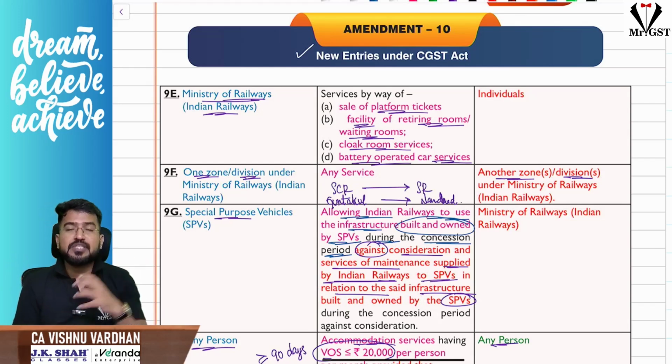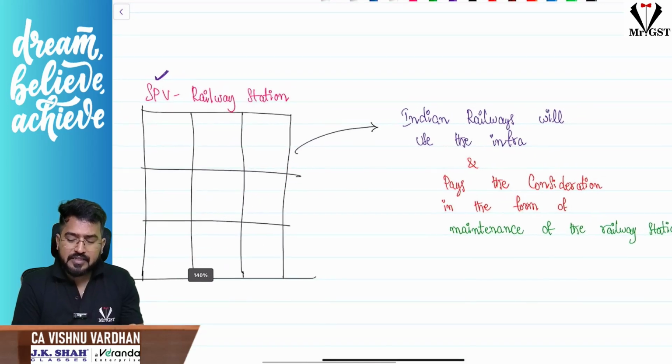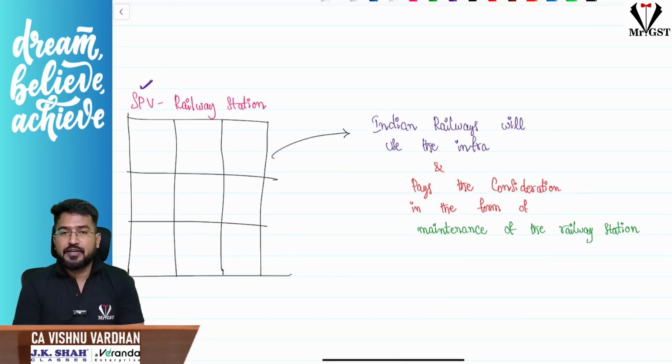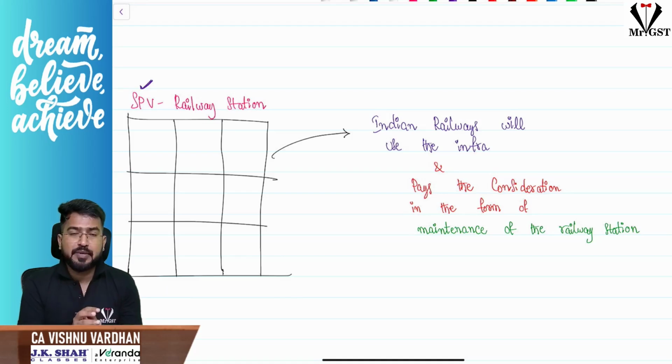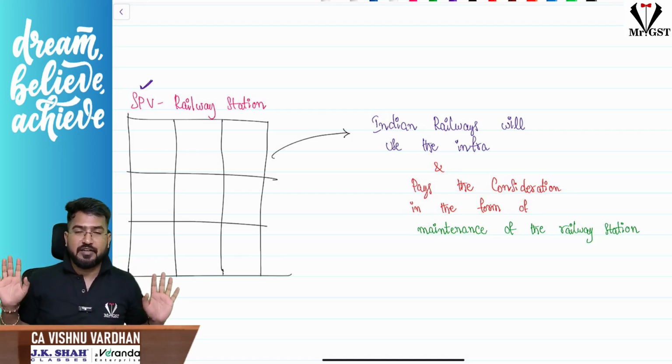Next, 9G, special purpose vehicles. Here, sir, there are some special purpose vehicles which are formed to construct railway stations, and after a particular period of time they hand them over to Indian Railways. But during that period, who owns the railway station? The special purpose vehicle owns it for a particular period, and during that period they allow Indian Railways to use it.